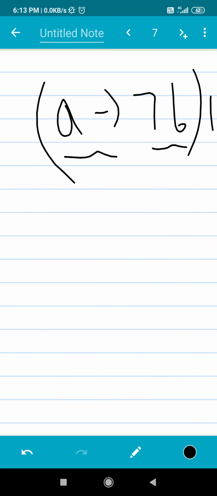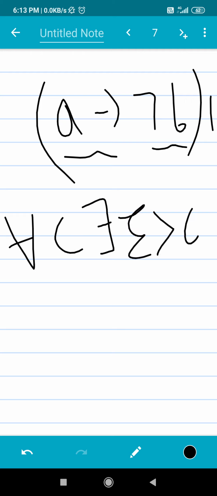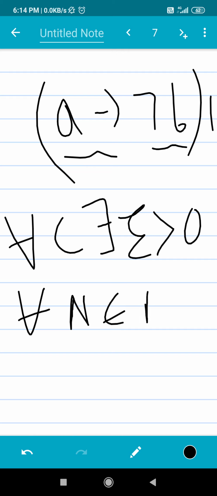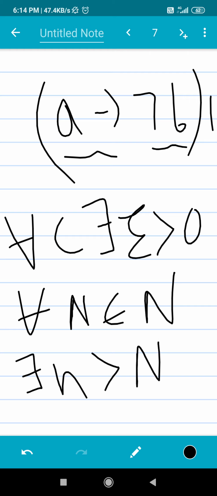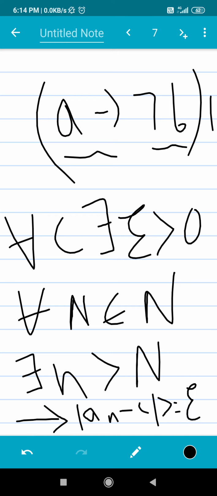So finally the answer comes out to be this: for all c, there exists epsilon positive, for all N belonging to the naturals, there exists small n greater than N, implication a n minus c is greater than or equal to epsilon. So this is the answer here.